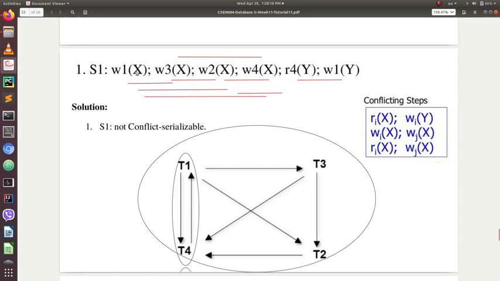So transaction 1 writes x, and transaction 3 is writing x. So transaction 1 must come before transaction 3. So we will draw a node for transaction 1 and a node for transaction 3 and an edge from T1 to T3.